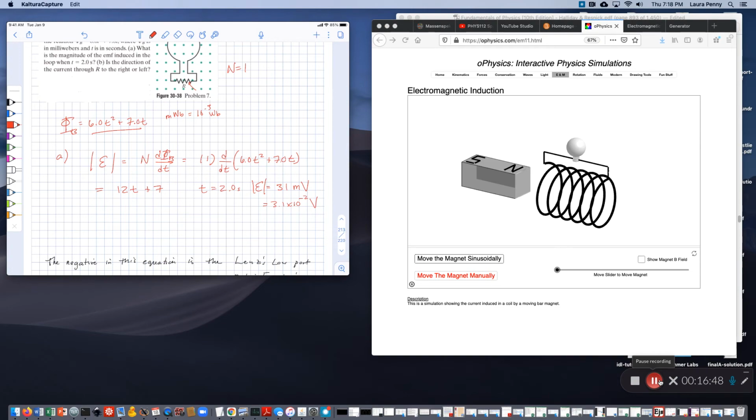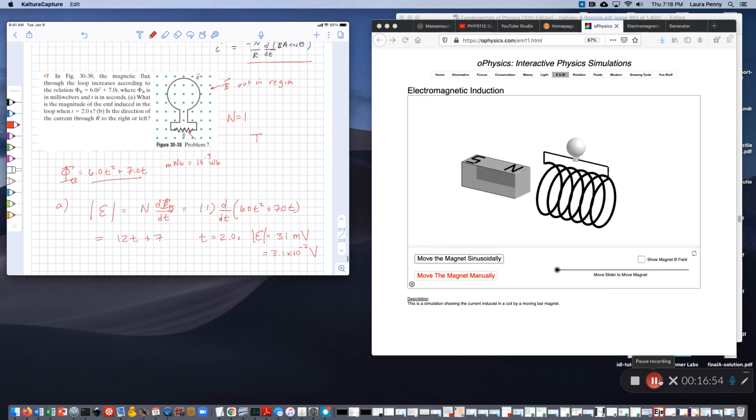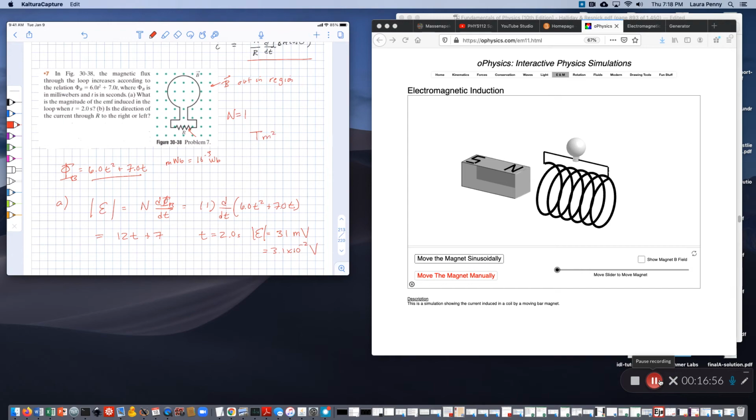So a Weber is a Tesla meter squared. A Tesla was a Newton second per coulomb meter. And so if we plug that in for Teslas here, we have a Newton second per coulomb meter times a meter squared, so we can get rid of one of these meters.